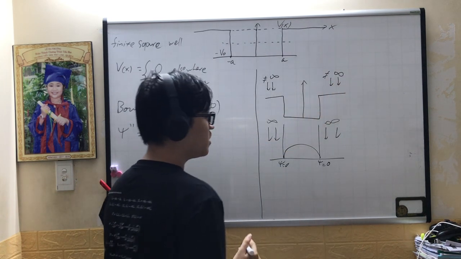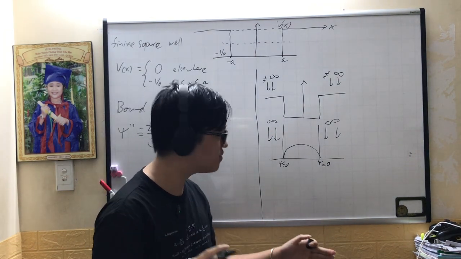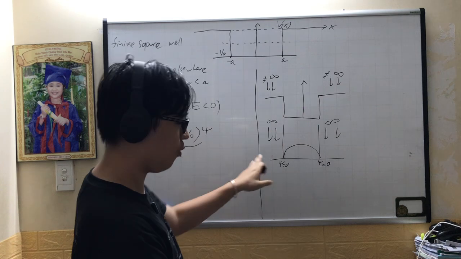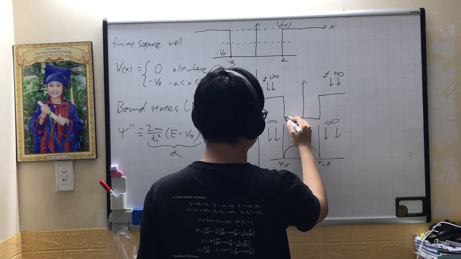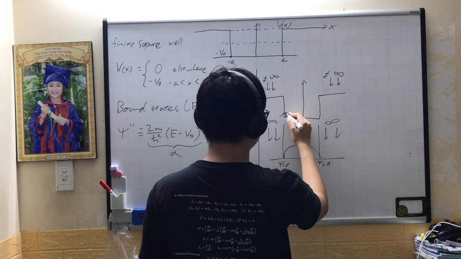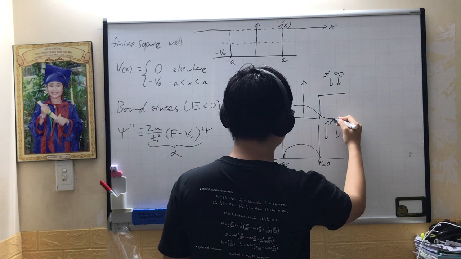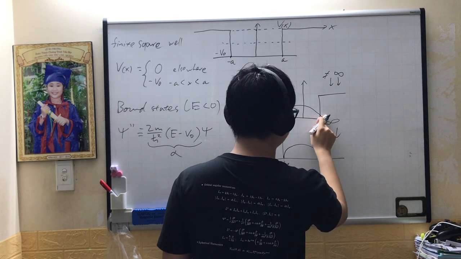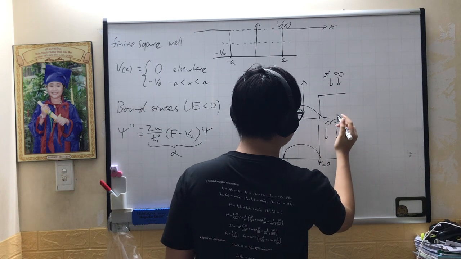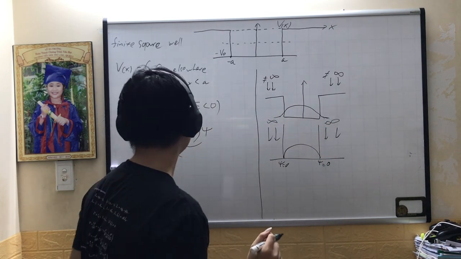So your wave function can sort of escape this hole right here. It is still like a normal wave function, but there would be some part that escapes outside of this region.